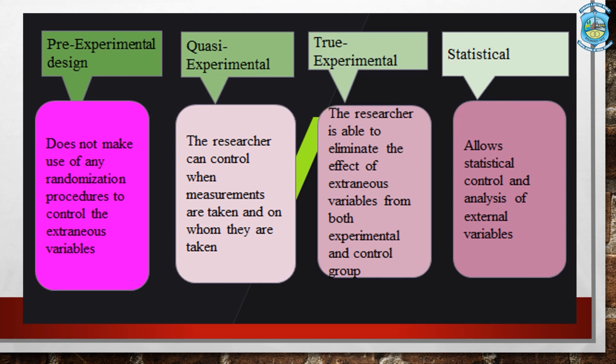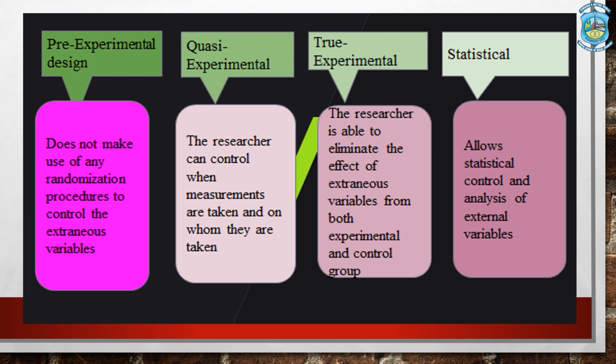We have pre-experimental designs, we have quasi-experimental designs, we have true experimental, and we also have statistical test. Pre-experimental designs do not make use of any randomization procedures to control the extraneous variables.